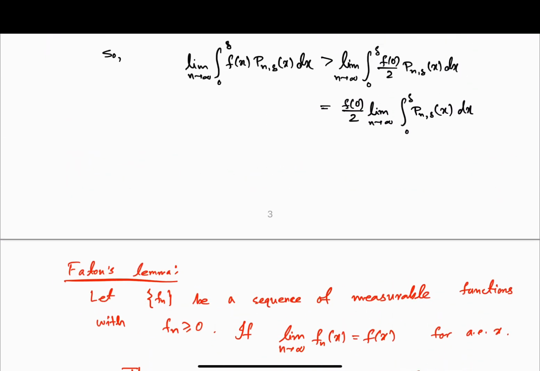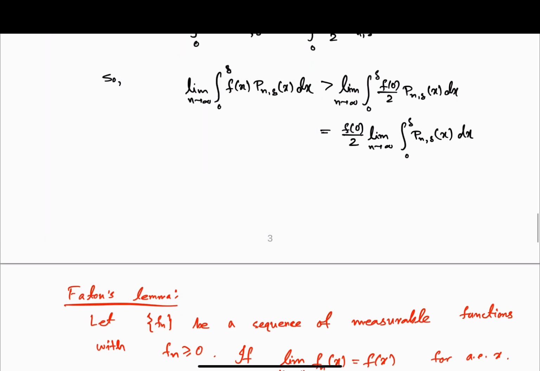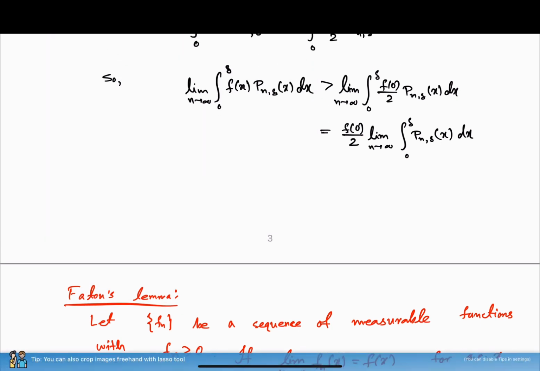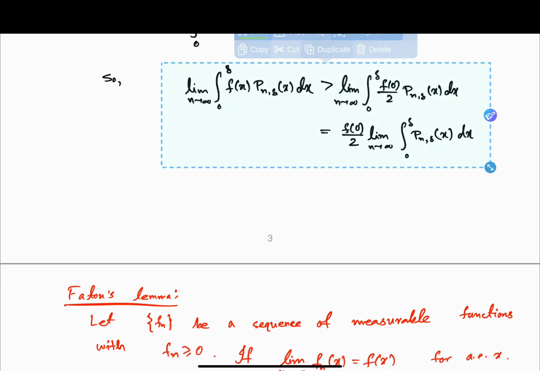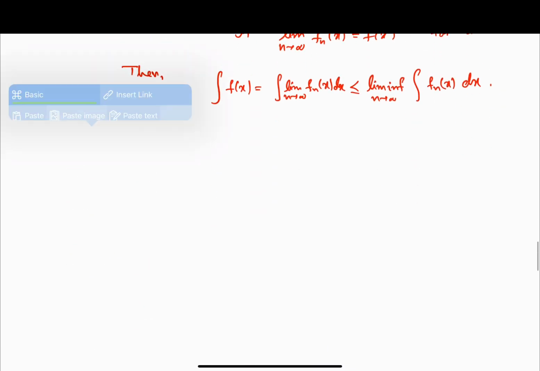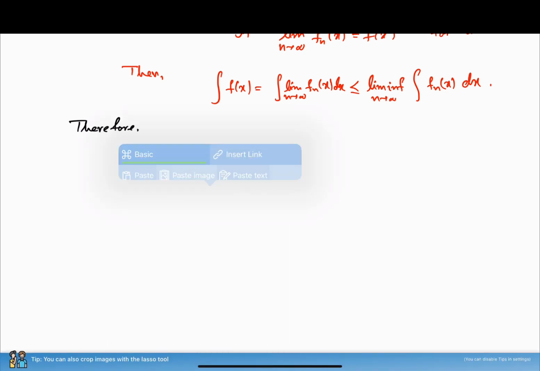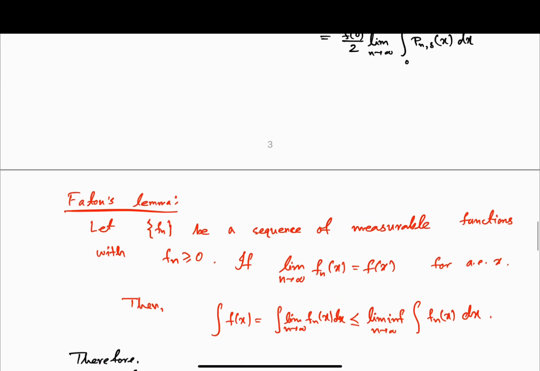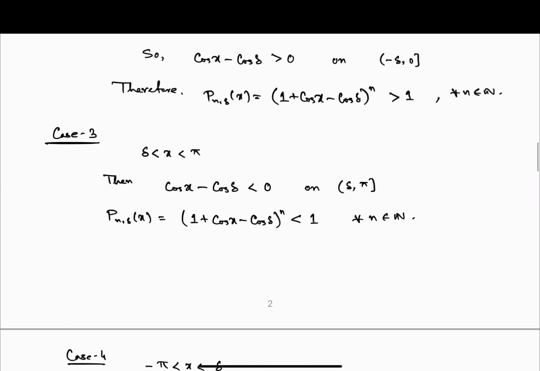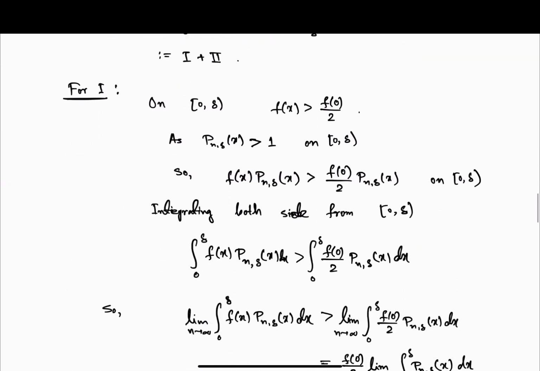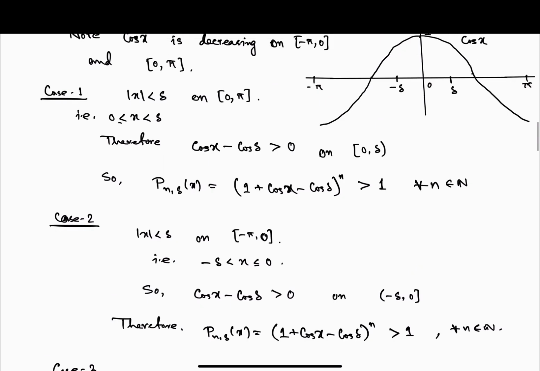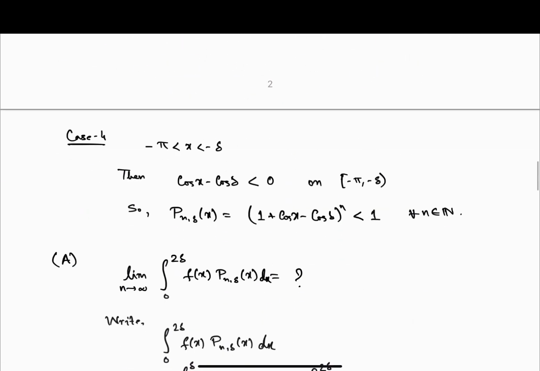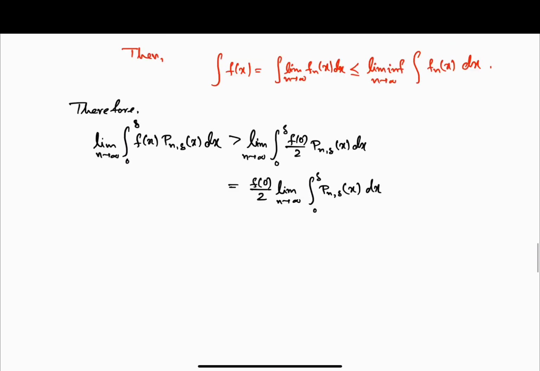So here we will use this one. Therefore, also note that in this region, what is the limit of P_n,delta? Note that P_n,delta is positive, since this is case one, because P_n,delta is bigger than 1, so you can apply Fatou's lemma.